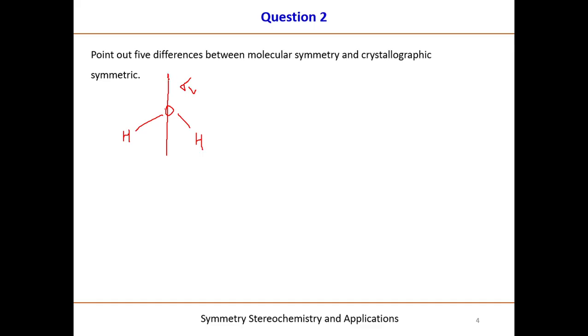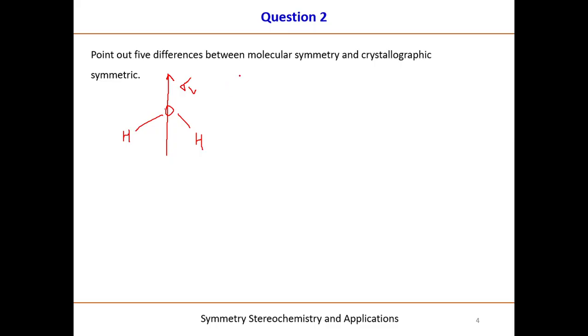As I told you, the symmetry element in molecular symmetry passes through the molecules or atoms of the molecule. But in case of crystallographic symmetry, we don't have this type of condition. It could pass through the molecule, or it could pass through the space near the molecule.